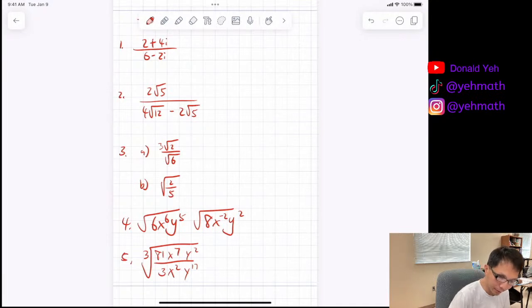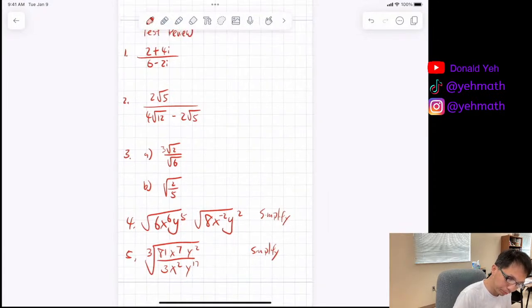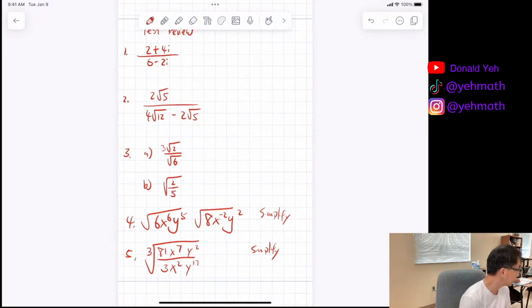Simplifying this. So this I'll simplify.